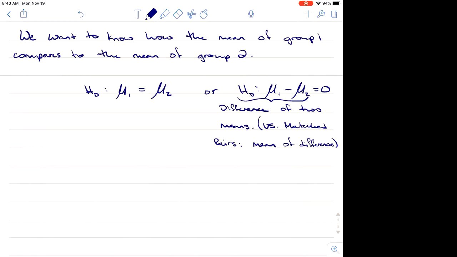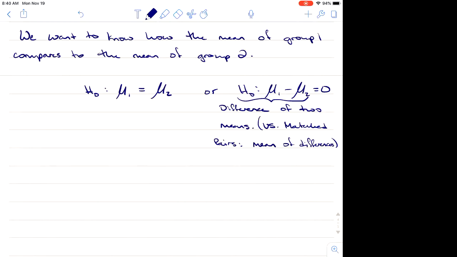That's something to keep in mind, and I've put that on your formula sheet. Matched pairs is the mean of the differences that you're analyzing. How does it compare to 0? Whereas now we're talking about the difference in two means.